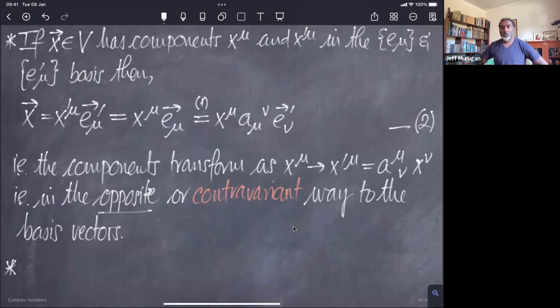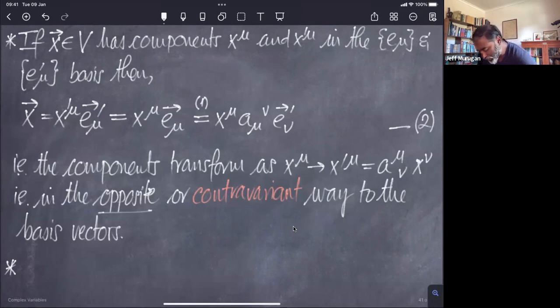Now, already in your second year introduction to linear algebra, for example, you would have learned that to each vector space, I can associate a dual vector space. The dual vector space consists of covectors, and these covectors are really just a fancy way of saying a linear map from the vector space to the reals, if my vector space is defined over the reals.